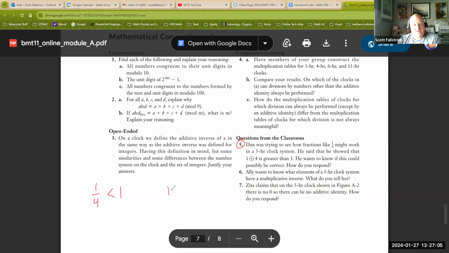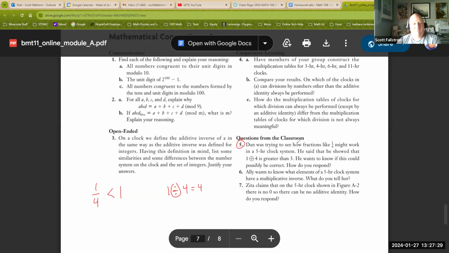So how does that relate in this system where 1 divided by 4 might not be that? In this case, 1 divided by 4, if you want to check it, is actually 4. So how can, in his mind, 1/4 actually equal 4?